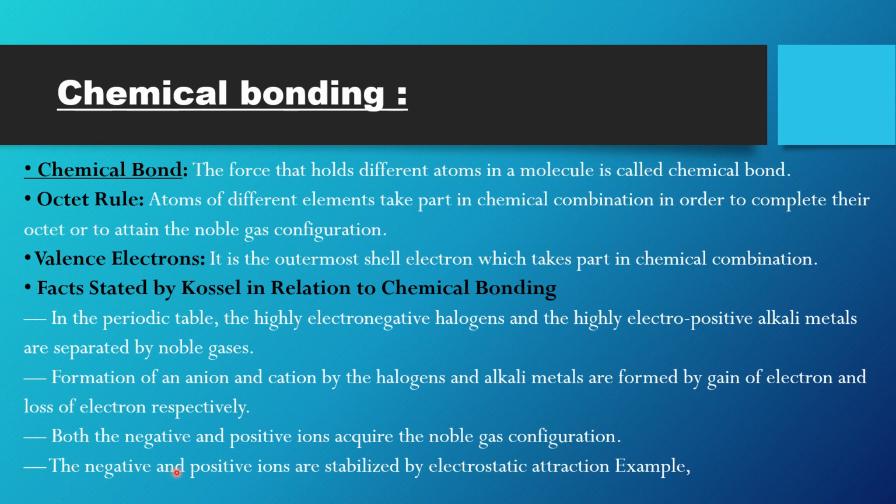The negative and the positive ions are stabilized by electrostatic attraction. So these are some basic definitions and facts given by Kossel in relation to chemical bonding.